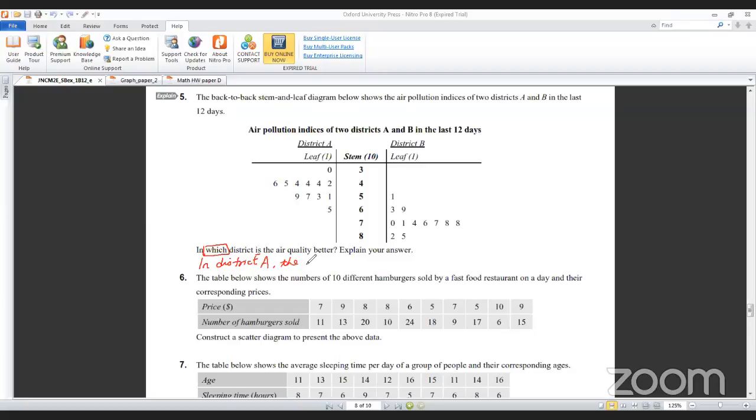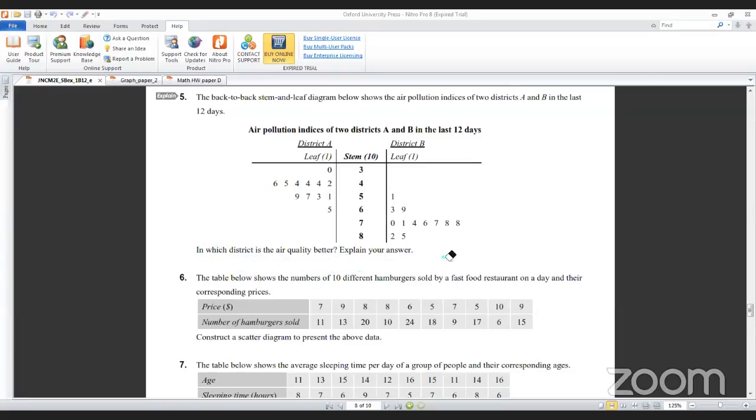We should write down the subject first: the air quality is better. Then you have done the first part. You answer this one, and then you need to explain.